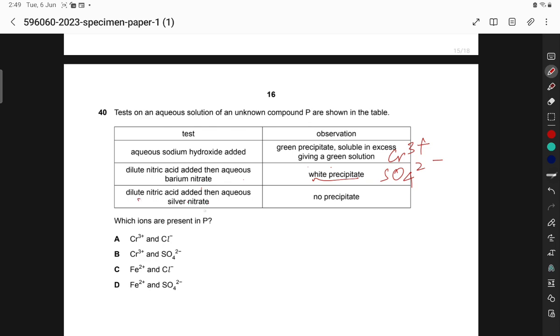Dilute nitric acid added, then aqueous silver nitrate gives no precipitate, which means chloride, bromide and iodide are absent. So which ions are present in P? Chromium ion and sulfate ion. B option is correct.